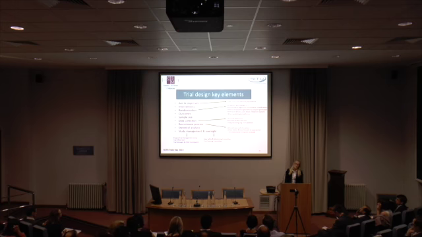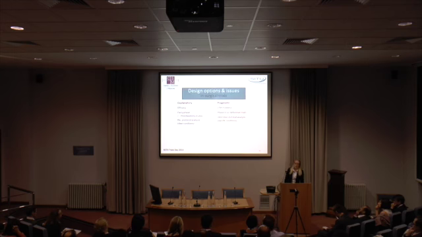And for the oversight, there's usually a data safety monitoring committee and trial steering committee, but these are not needed in all trials. It does depend on the risk associated with the intervention.